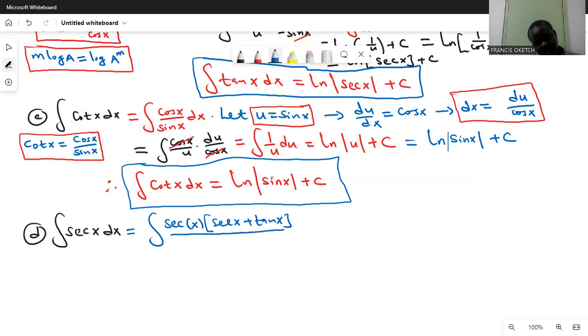We do the same to the denominator, also multiplying by sec x plus tan x dx.